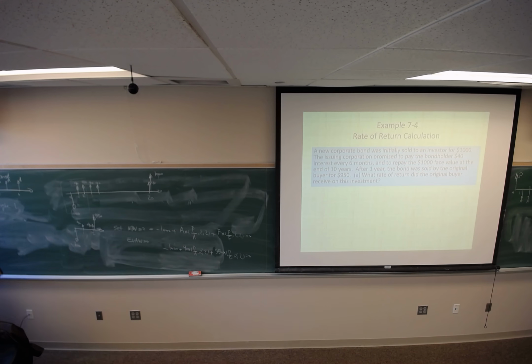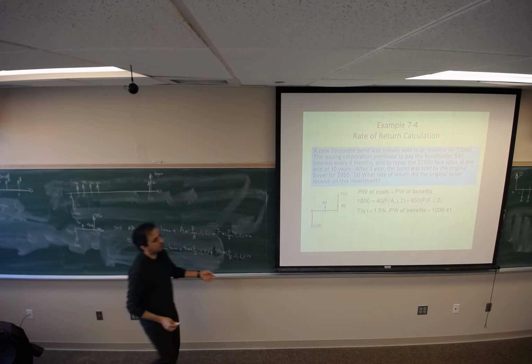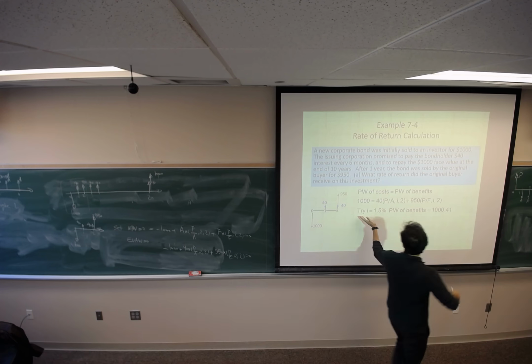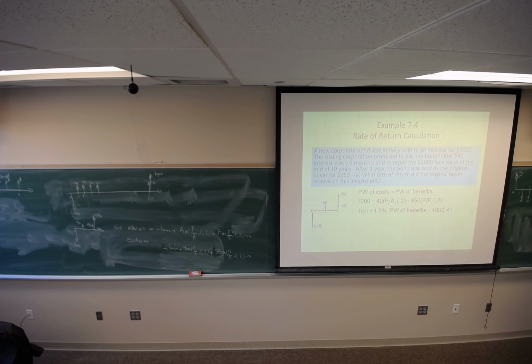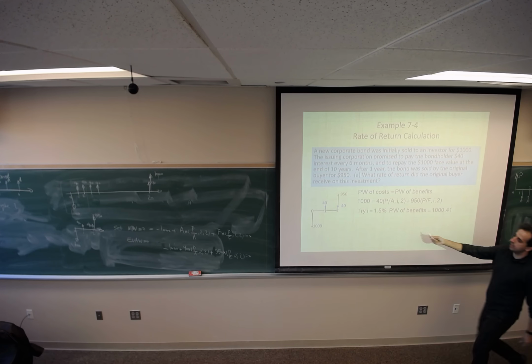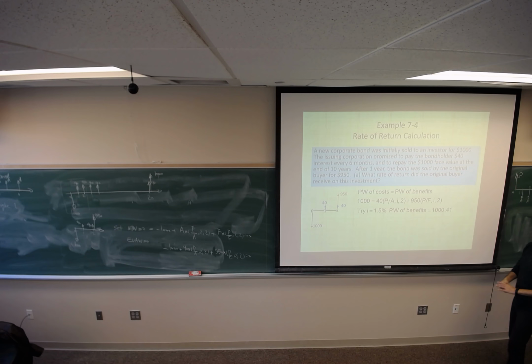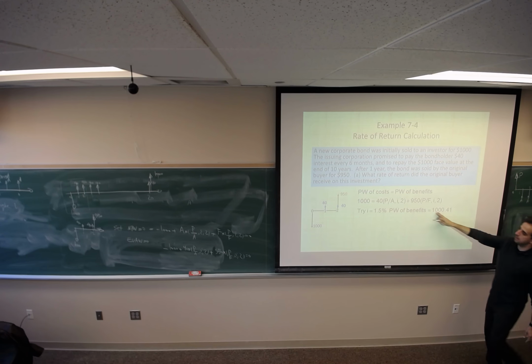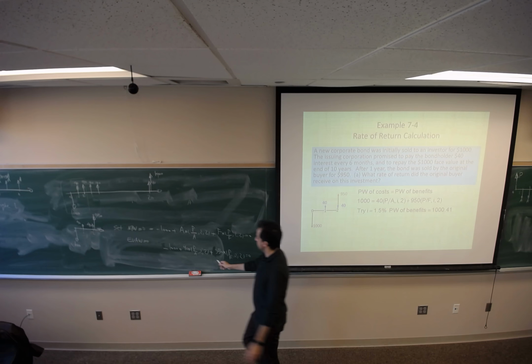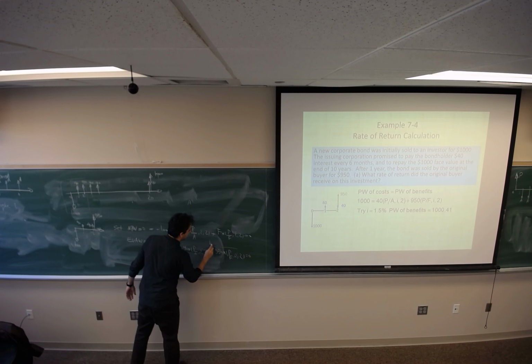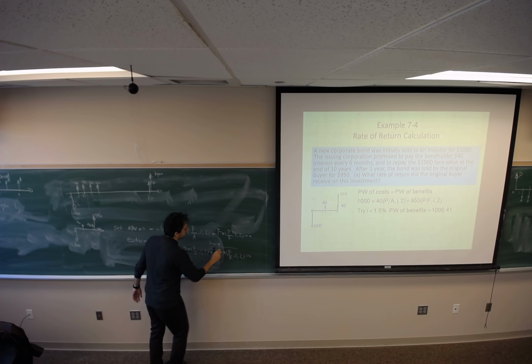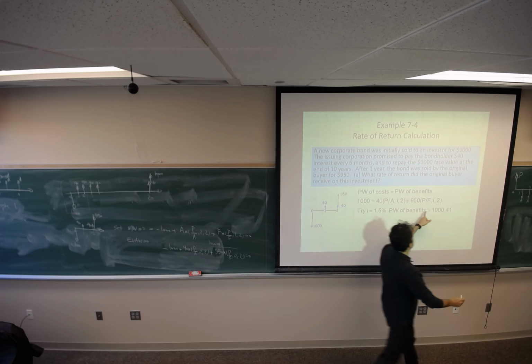We try, we guess. We can make a guess. You can start from 5%, because we have no idea what it should be. But if I try with 1.5%, the present worth is going to be 1000.41, which is very close to the 1000.